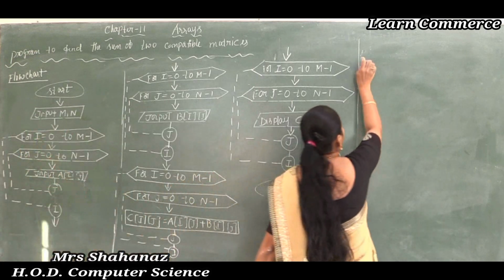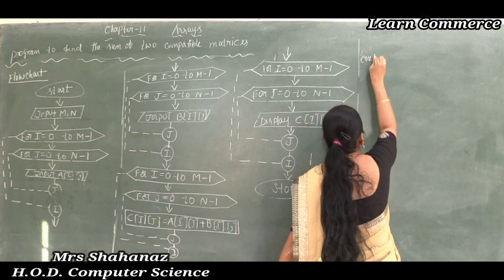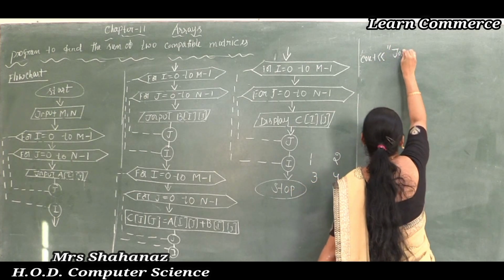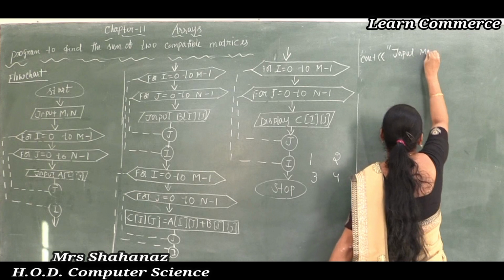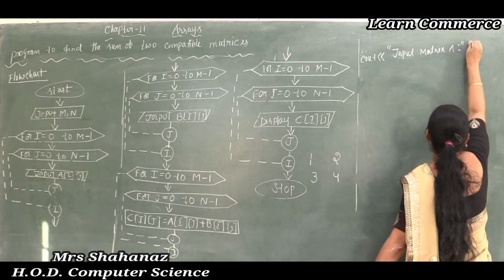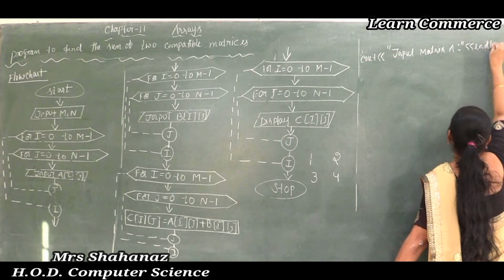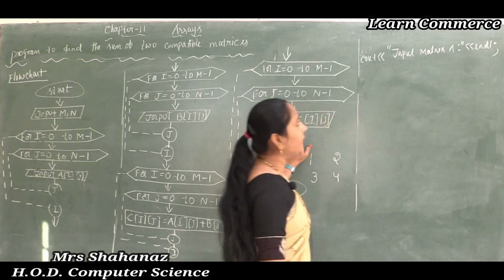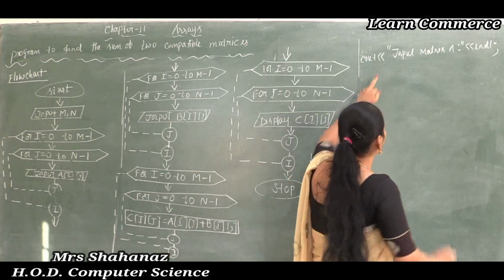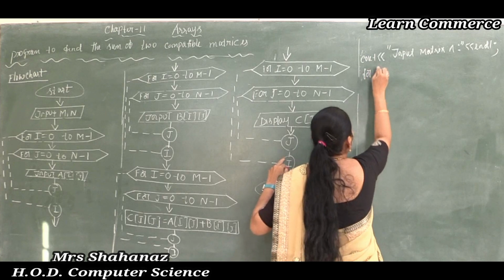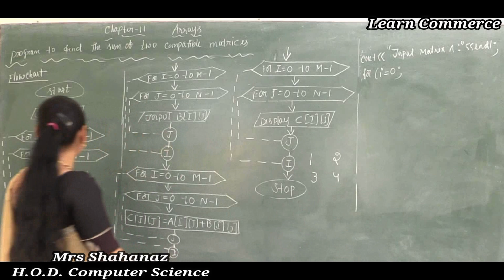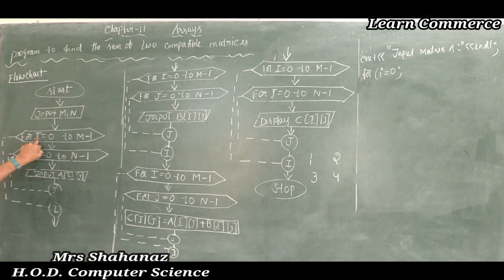In this case, to input the matrix A elements, first of all we need to show a message. So I am writing input matrix A elements, any type of message you can write here. And later next one, as we know, to access the rows and columns, whatever is there in the flowchart, the same thing I am going to write in the coding.